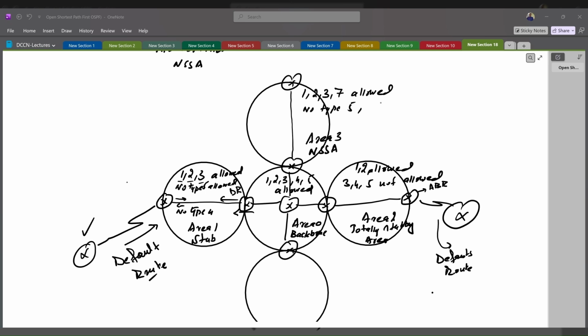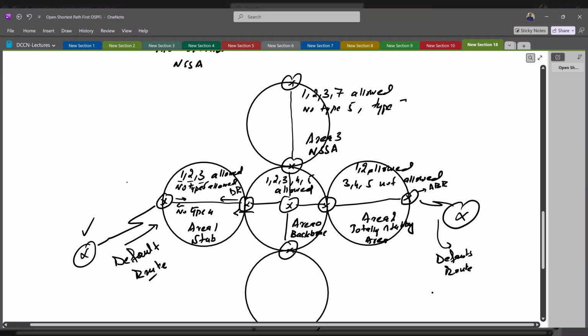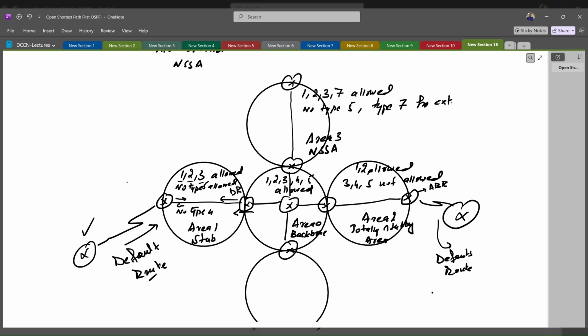So this means type 7 for external routes inside NSSA. Okay, and later 7 is converted into 5.